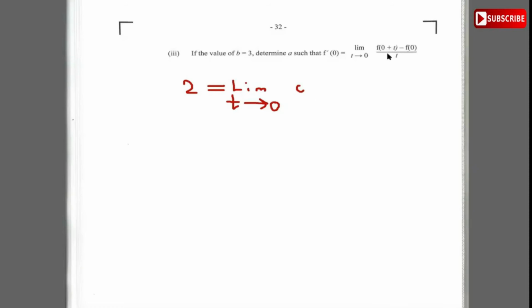So I'm going to go to the second one, and it was ax. It's going to be a times x, and x is now 0 plus t.